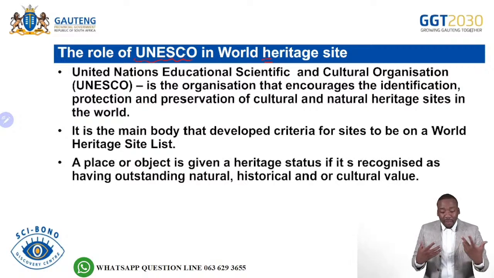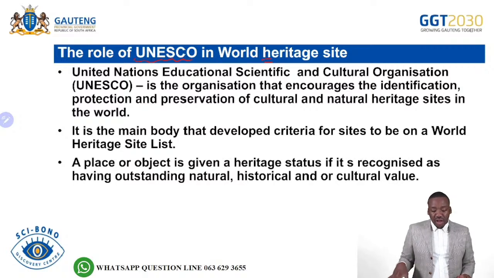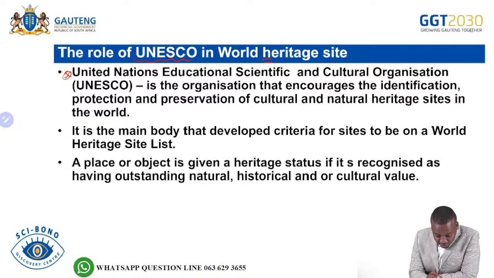So what is the main role of UNESCO, particularly in terms of the World Heritage Sites? Number one, it is a part of the board of the United Nations, right? It is the organization that encourages the identification of attractions that can be regarded as World Heritage Sites.